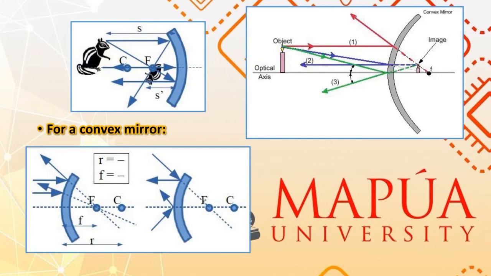That is to say, R is negative, which means F, the focal length, is also negative. So for a concave mirror, R and F are positive. For a convex mirror, R and F are negative.